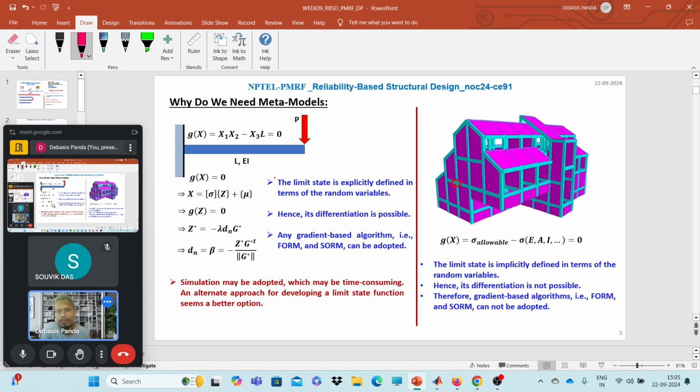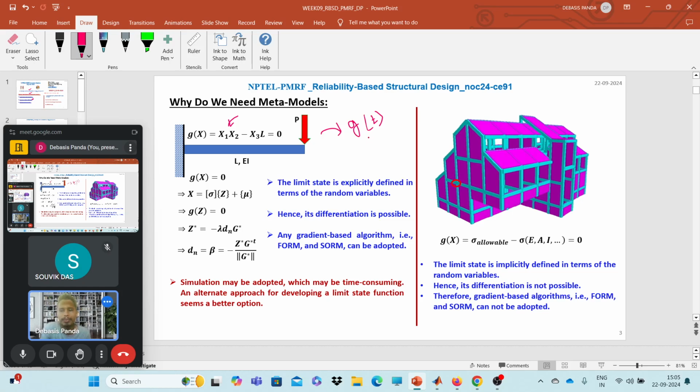First we need to have a g(x), that means one limit state function, and the limit state function should be defined explicitly with respect to the basic variables. Now we transform this limit state into g(z), that means standard normal space. Then we evaluate the gradient of this limit state function.